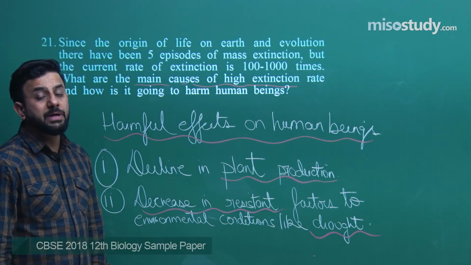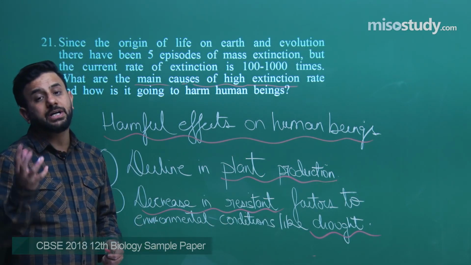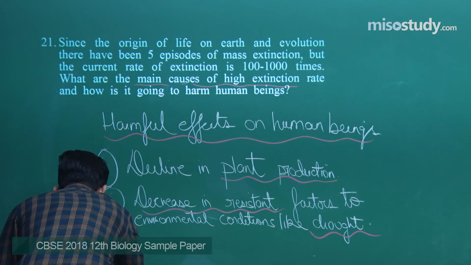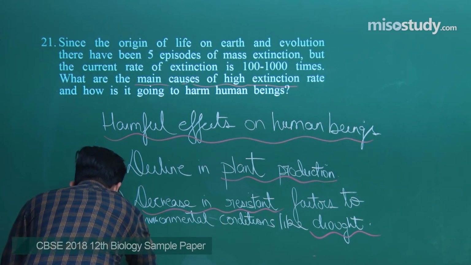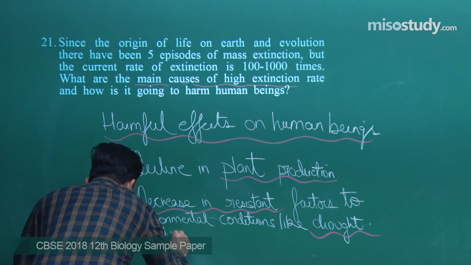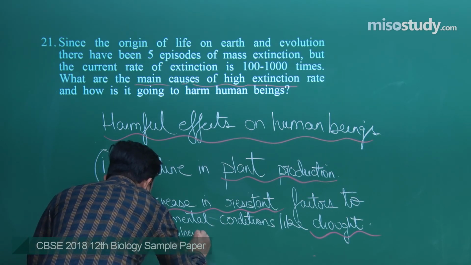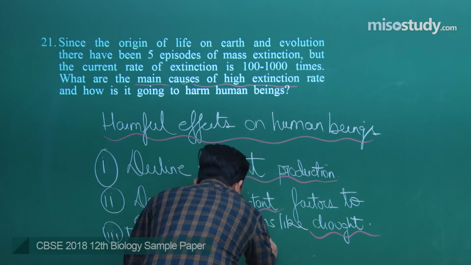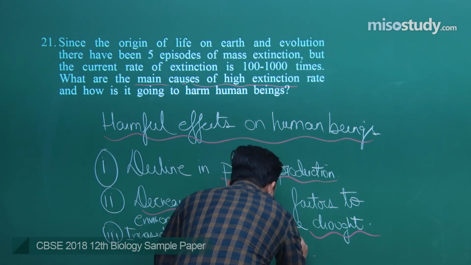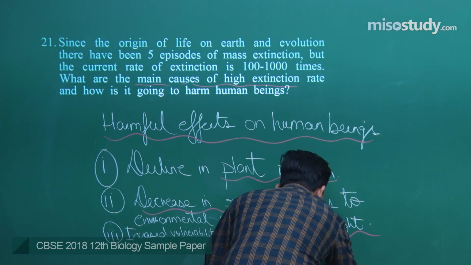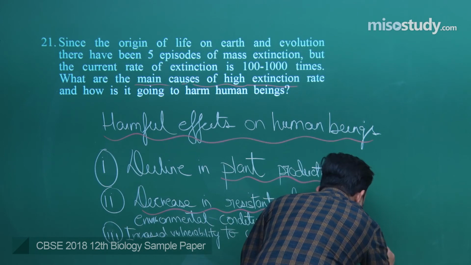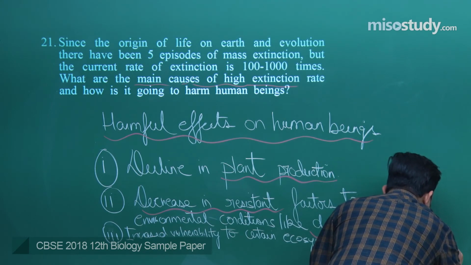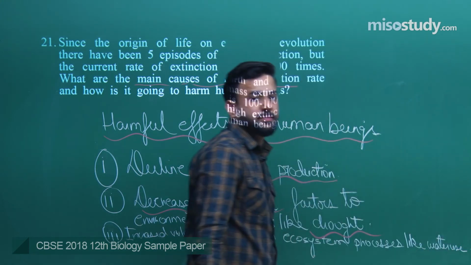And the third one will be increased vulnerability to certain ecosystem processes, like water use.